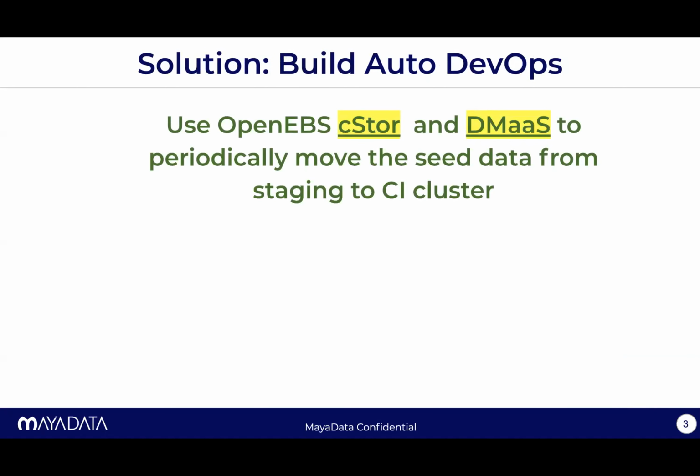So how we solve those two challenges is to use OpenEBS cStor and a service called Data Migration as a service to periodically move the seeded data, which is on a seed cluster or a staging cluster, to the Kubernetes cluster where CI pipelines are running. That's how you would solve the first challenge.